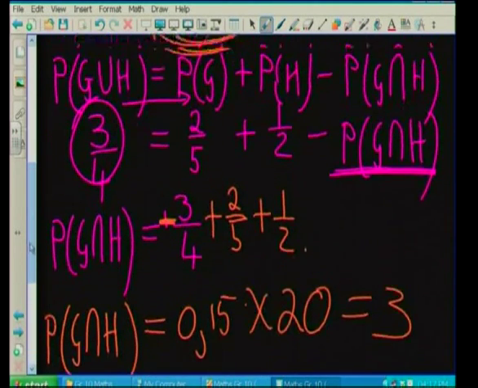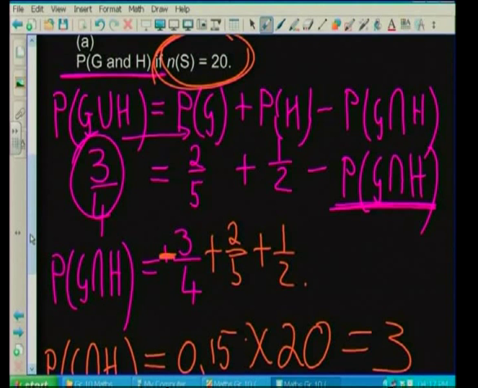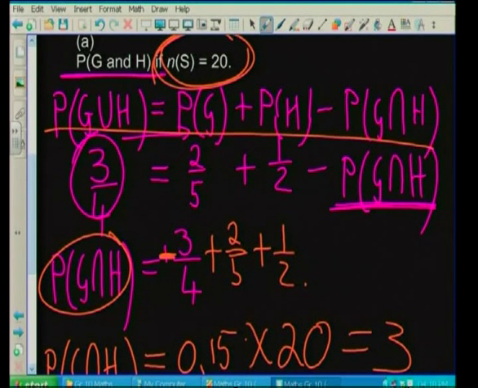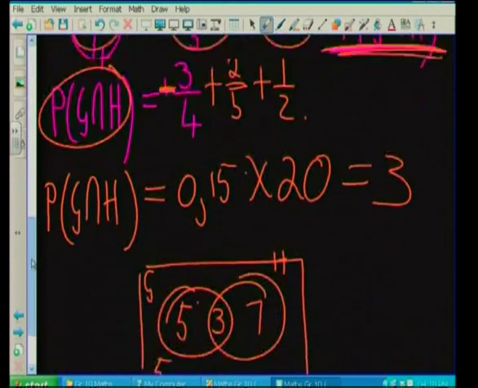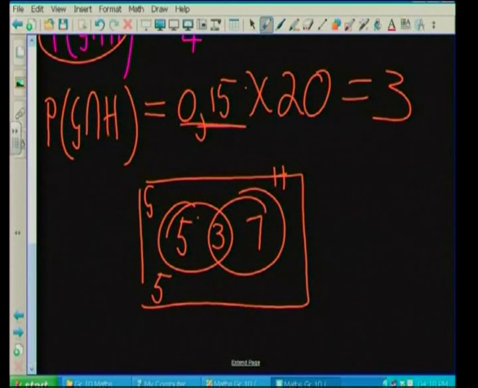So just to recap, the fact that I was told it was inclusive means I could write down this statement. I was given the OR and I was given the individual probabilities. I was then able to change the subject of the equation to calculate the intersection, which I found to be 0,15, and that's fine. The probability is 0,15.